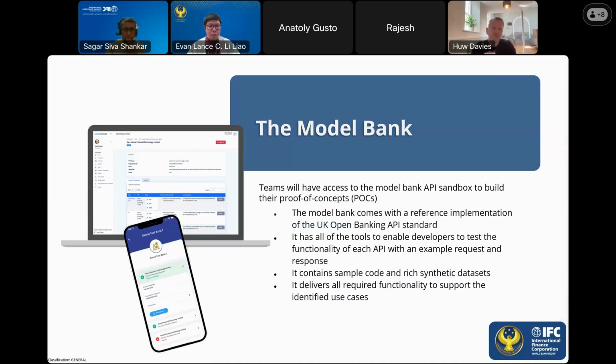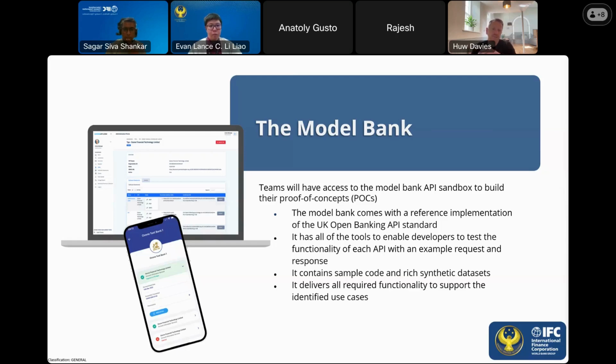That takes the form of a model bank. So essentially, a model bank with a set of accounts that you'll be allocated. Lifelike accounts with rich synthetic data, just as if you were connecting to a real bank and real bank accounts that will allow you to build and test your ideas and your applications.